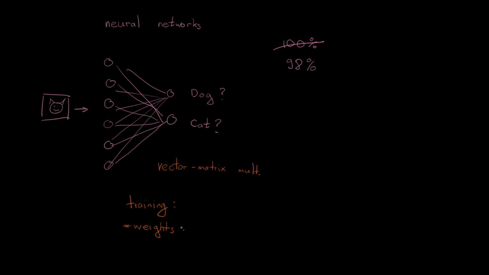And this is essentially information, and it is encoded into a matrix of weights. So we have weights that are produced during this training process.